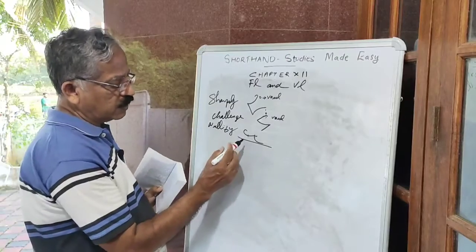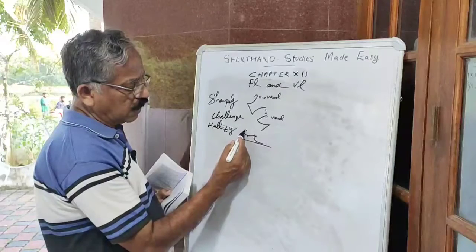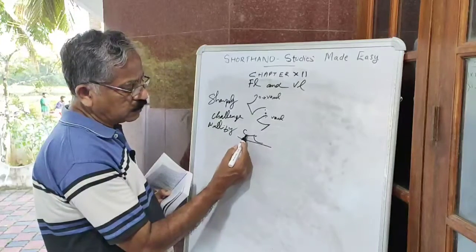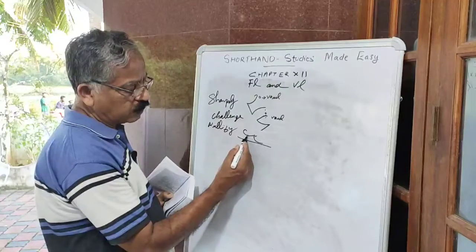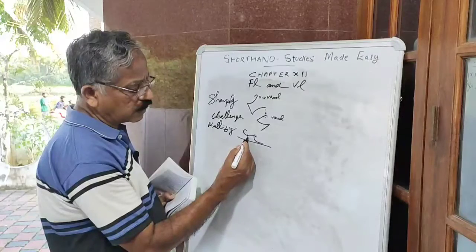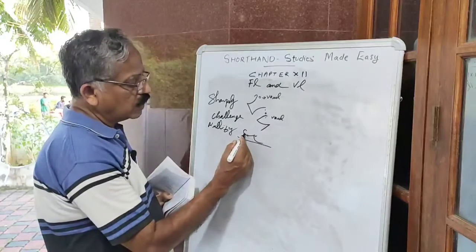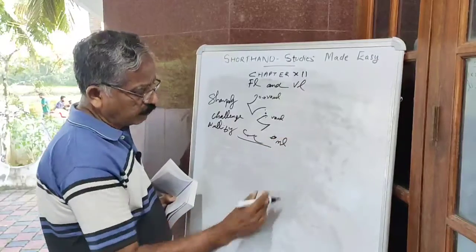In between, what happened: to make the vowel sound between L and N, we cut the line and with a small tick, a short vowel we use, and we write like this to make this NL sound.